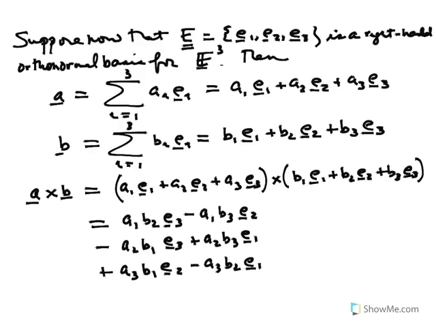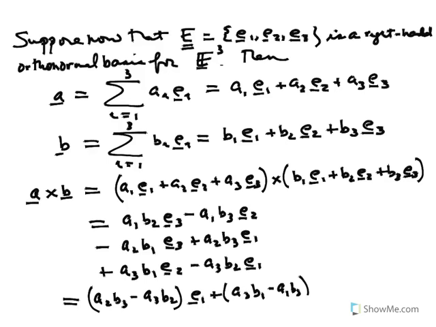So when we write it all out, let's look at the E1 components. We get A2 B3 minus A3 B2 times E1, plus the E2 components, which gives us A3 B1 minus A1 B3 times E2, and then plus A1 B2 minus A2 B1 times E3.